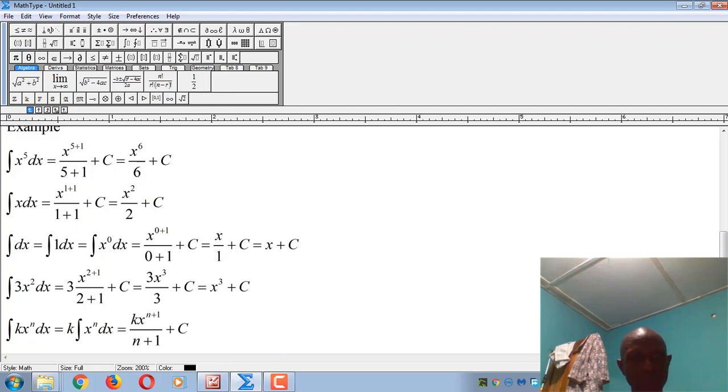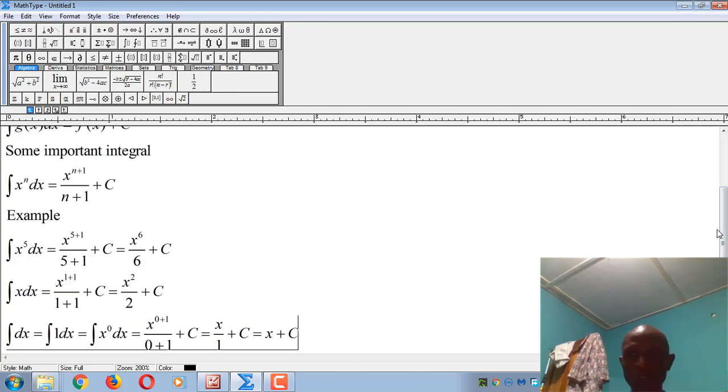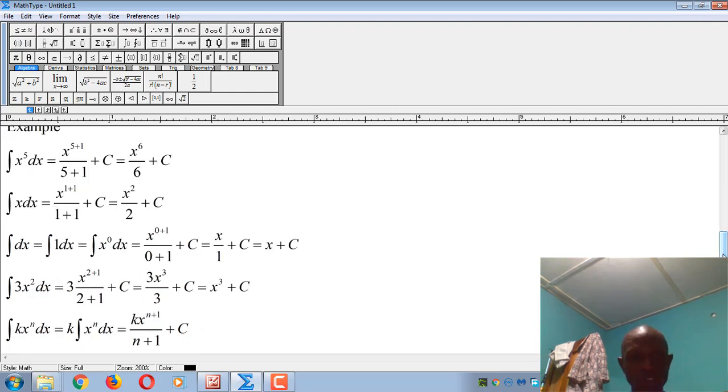I wish I could explain more. If you are given the integral of a function, especially this type, this is what you use to solve it. In the next video I will go a step further so that we will have more grip on integration.